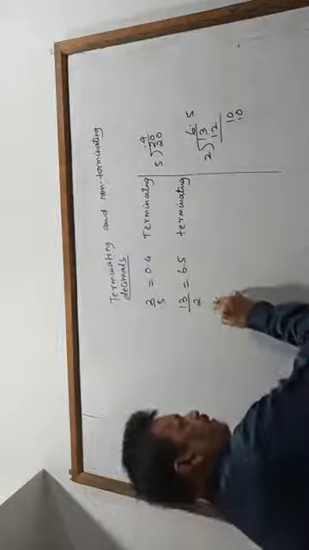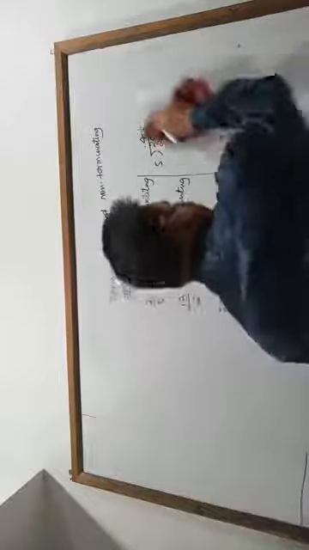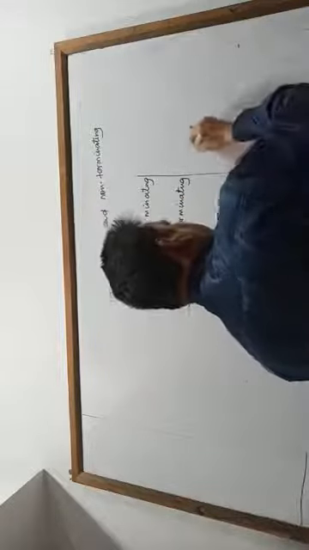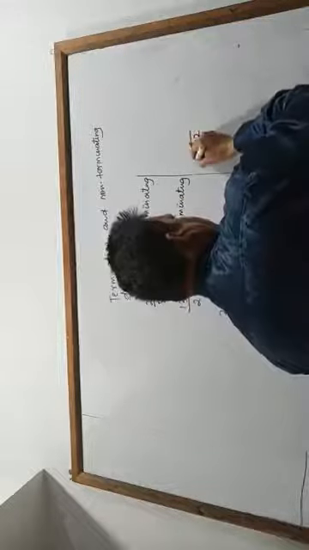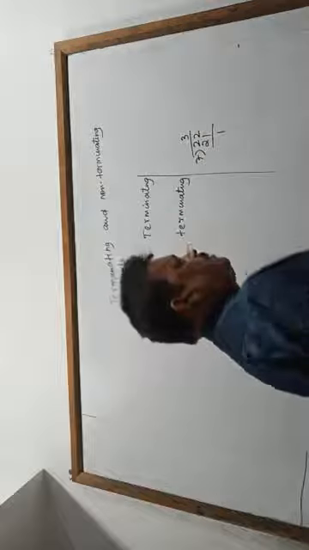Okay. 22 upon 7. Look at here. 22 you divide by 7. 7 3 is 21. 1.